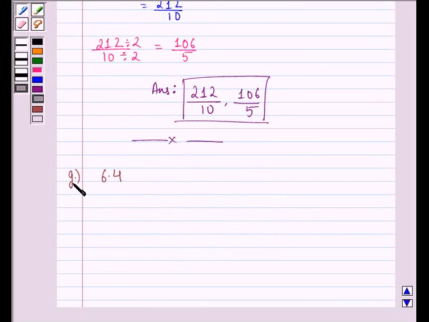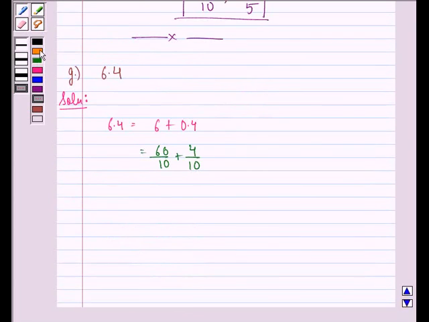Now we see the G part of the question, that is 6.4. Let us see the solution to this one. We see that 6.4 is same as 6 plus 0.4. This is equal to 60 by 10 plus 4 by 10. This is further equal to 60 plus 4 by 10. That is equal to 64 by 10.